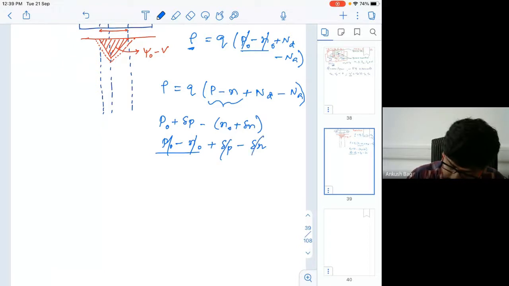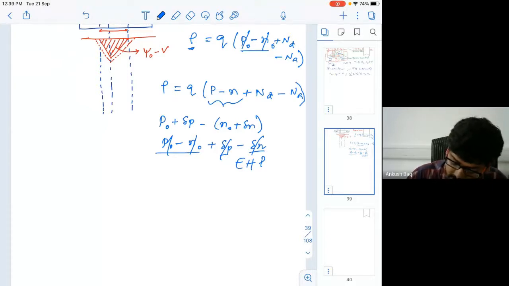Why? Because in the space charge region, whatever carrier concentration we have, we will have electron-hole pair generation. So electrons and holes will generate in pairs. That is why we can consider the additional number of holes to be equal to the additional number of electrons, and they will cancel each other.